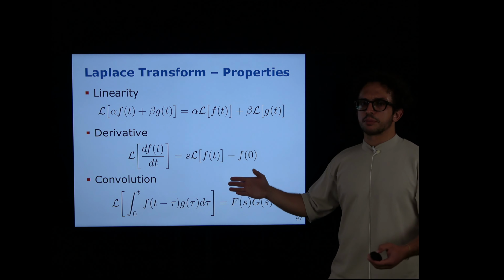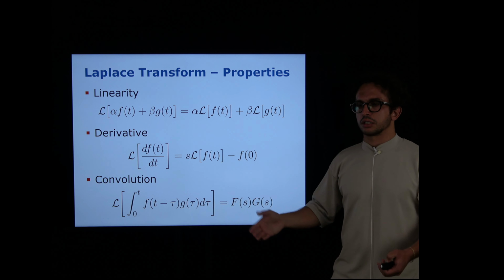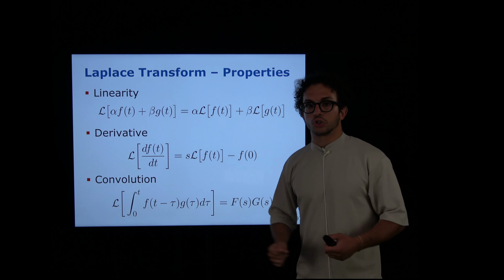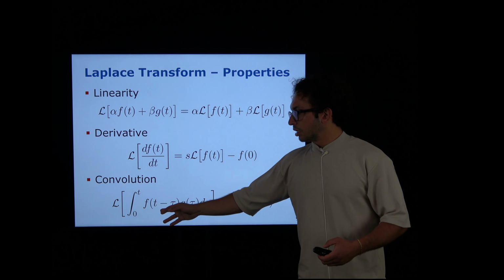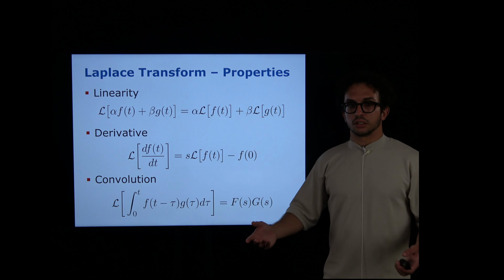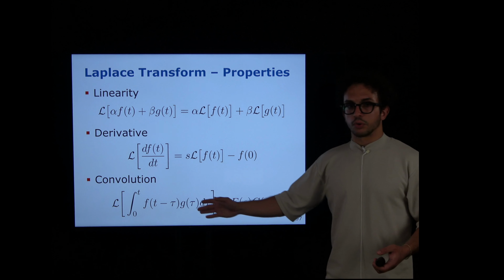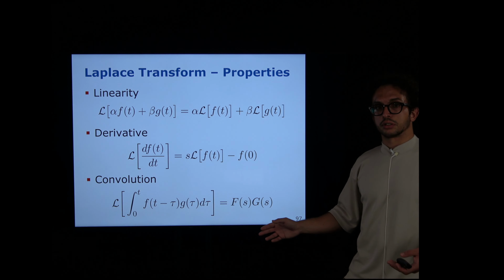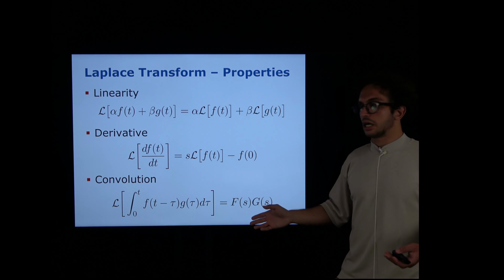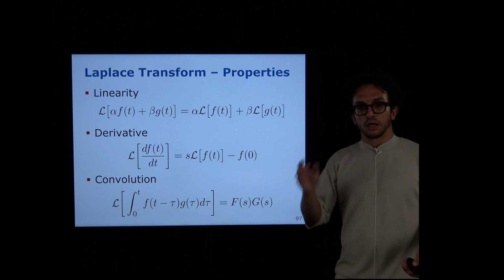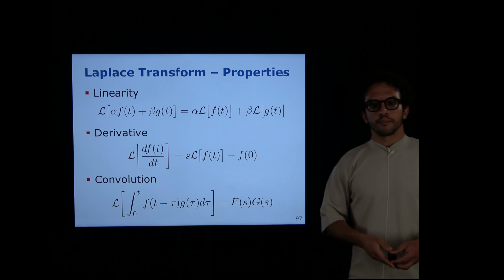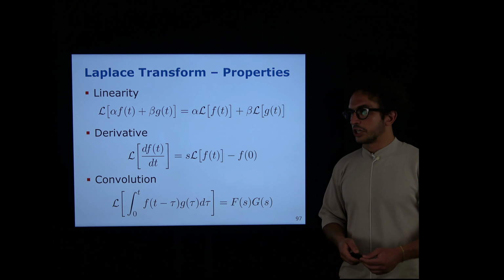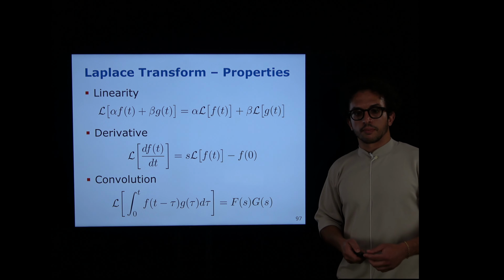So this actually comes very, very useful for us in our case. Well, what comes even more useful is the convolution, because the convolution of two signals under the Laplace transform turns out to be just the product of the two signals. And this is something very nice because it simplifies our explicit equation by a lot.